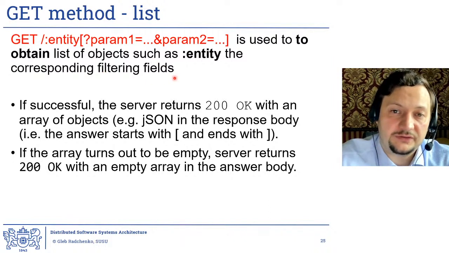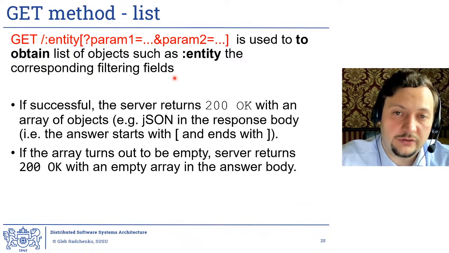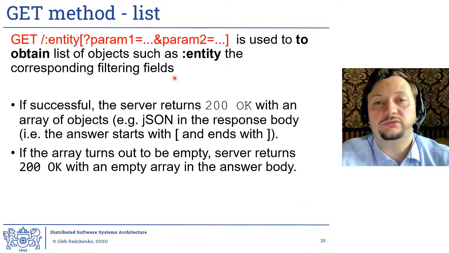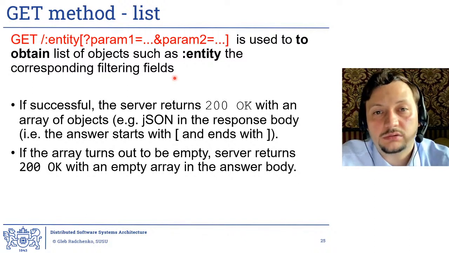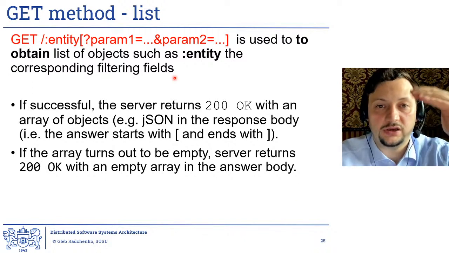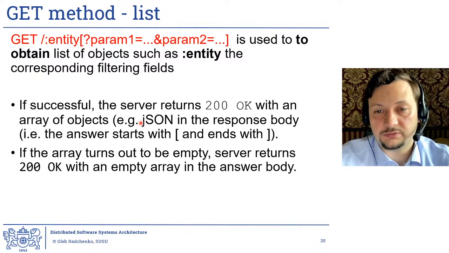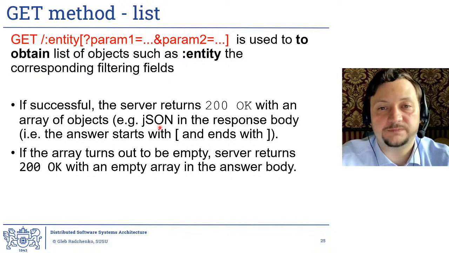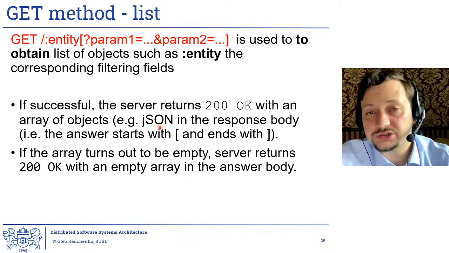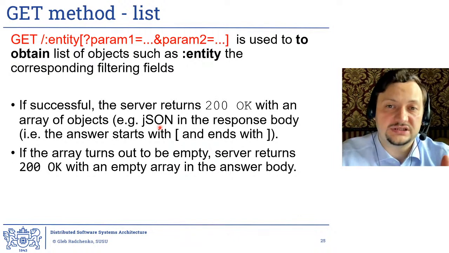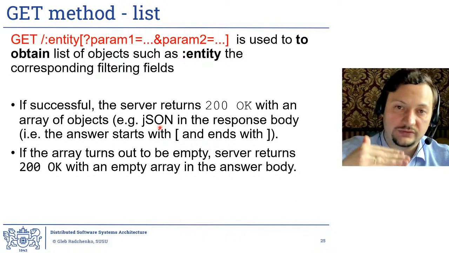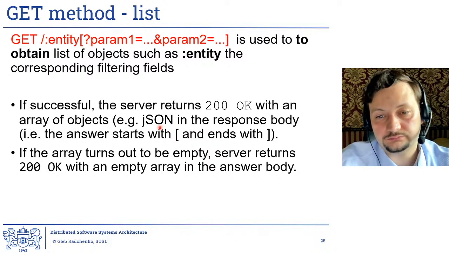If this method is successful, the server should return a 200 OK answer with an array of objects, for example JSON objects, in the response body. Also with this object, the server can return URLs to each object in the collection.